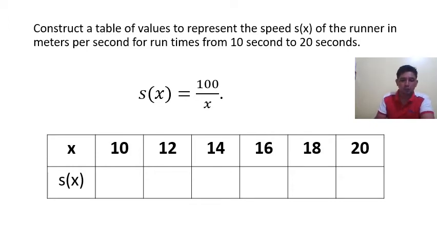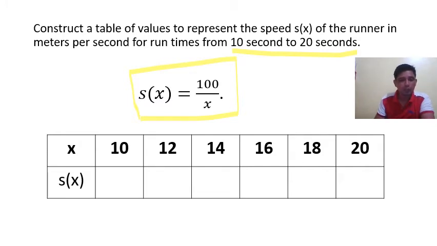So given man si time na 10 to 20 seconds, but if in case dili siya given, mo-assume jud ta nga na time, kay we cannot get the value of the speed if we can't assume the time. So for this formula, S of x equals 100 over x, we have to assume for the value of x, which is the time.